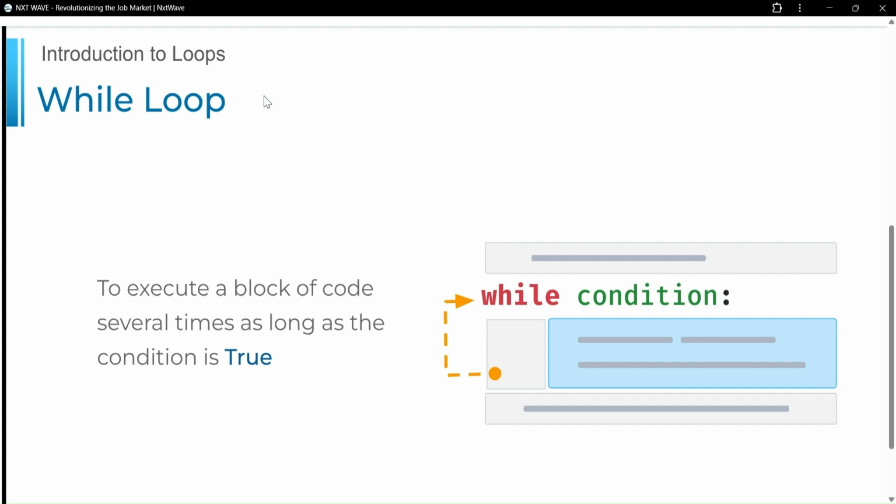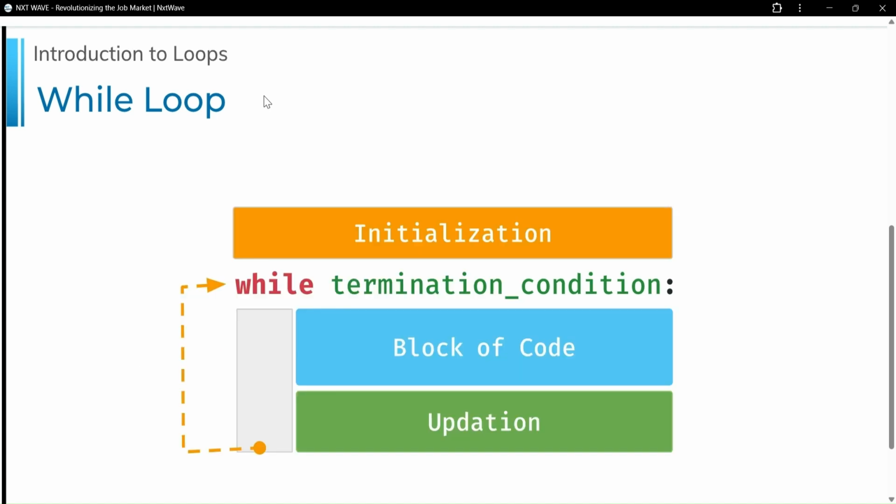Until the condition is true, the block of code will be executed. For every iteration, an update takes place. The termination condition is affected by the update, and then the block of code is executed automatically.